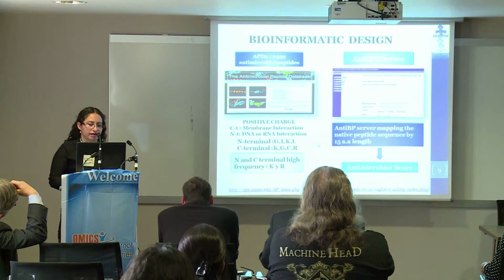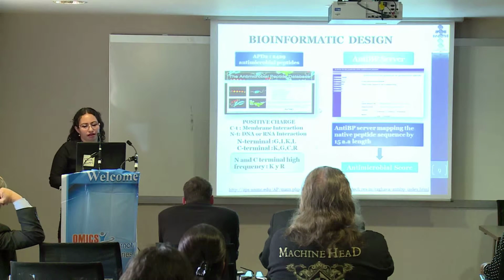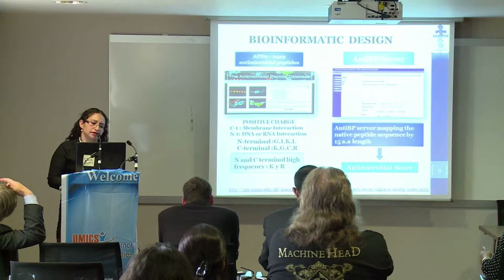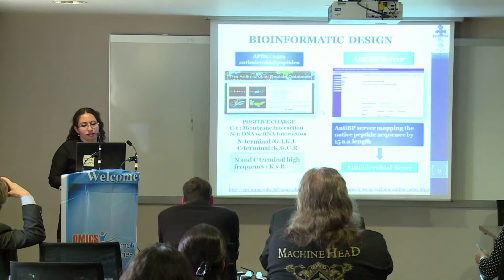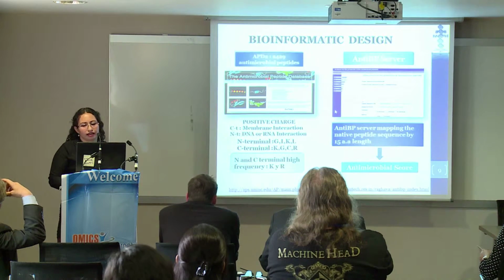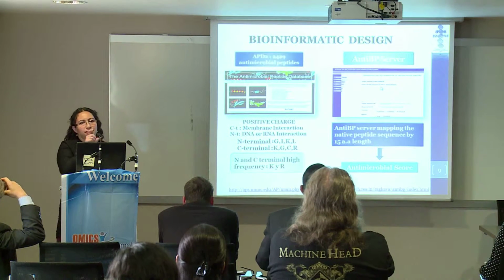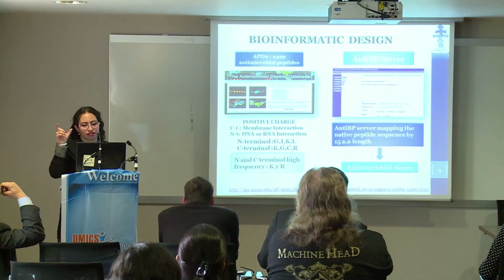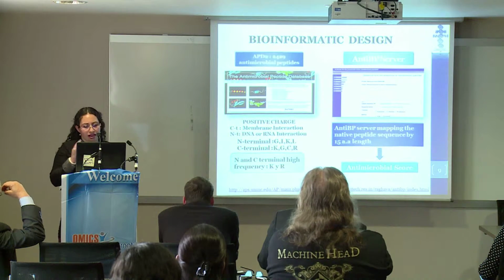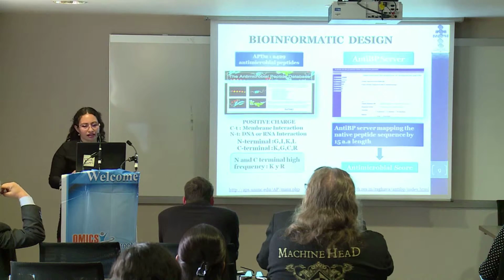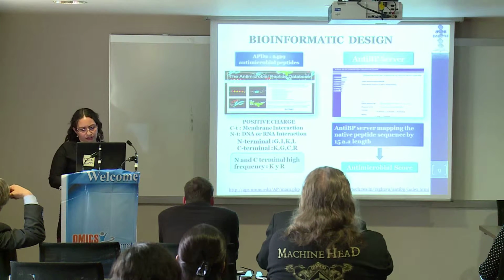For the bioinformatic designs we used this anti-BP server, which was developed using an antimicrobial peptide database. This server permits us to map all the primary structure and find the sequence of 15 residues with a high antibacterial score.